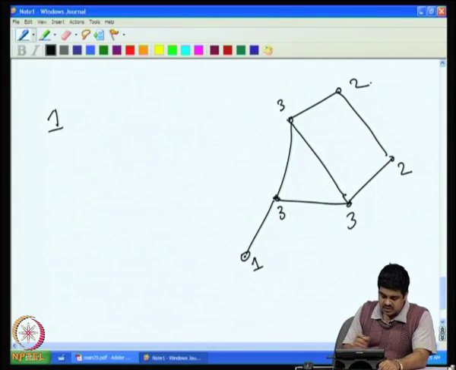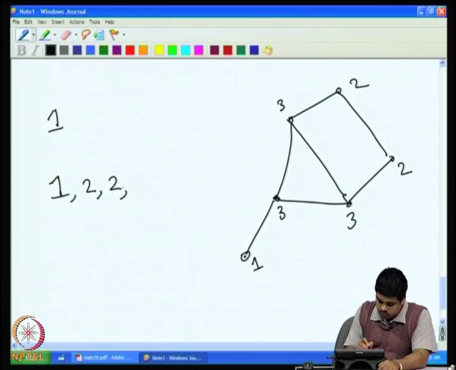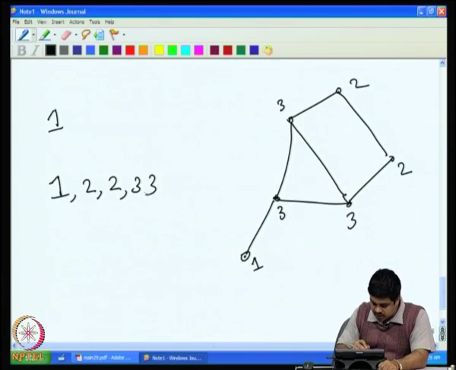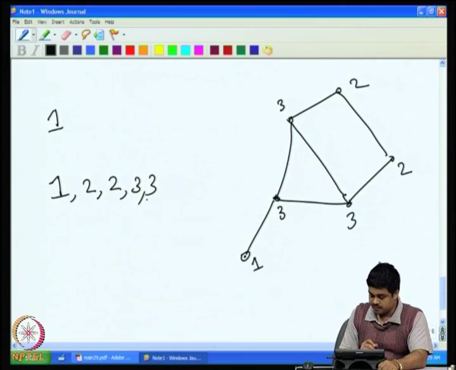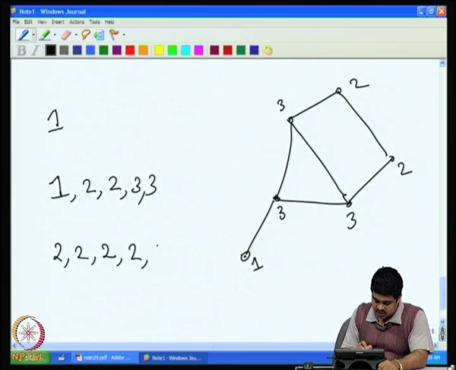So, the degree sequence is written like this: 1, 2, 2, 3, 3. These numbers are written in increasing order, with repetitions. Can you imagine a graph with a degree sequence like this? Of course, it is this graph.